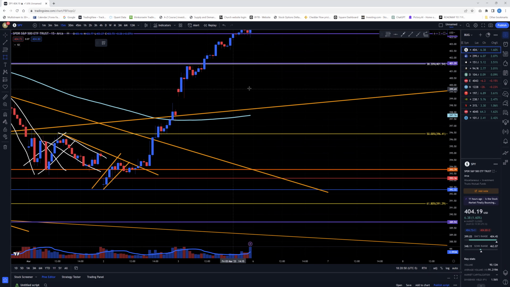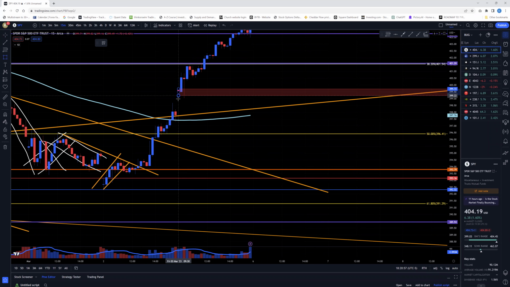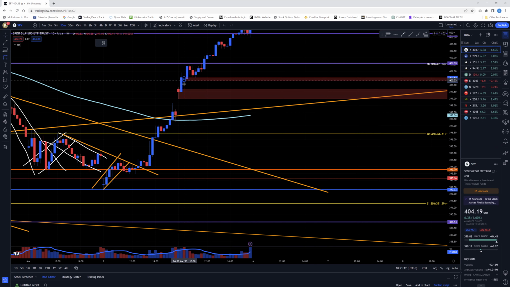Uptrend. Rally base rally. Number one, you have the gap up here, which creates a nice demand zone. Then this pulled all the way back here and went all the way back up. Typically I would turn this blue, but then you got this, technically, all the way down here again.